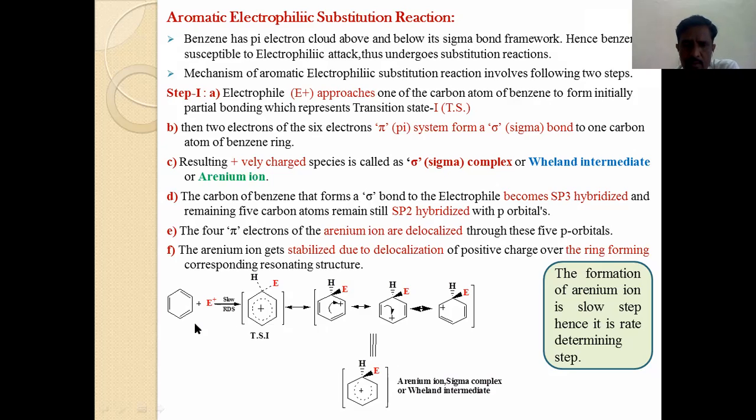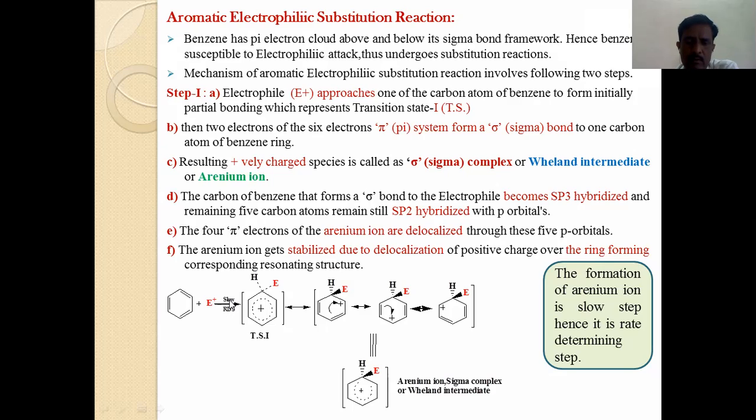Now, as you have seen in all these steps and structures, lastly there is the formation of the arenium ion or sigma complex. The formation of this arenium ion or sigma complex is a very slow step. If a step is slow, then it is considered the rate determining step, which lets us calculate the order and the speed of the reaction.